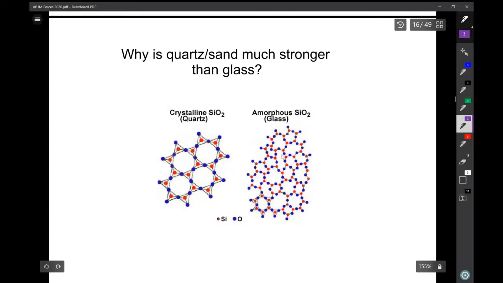There are stronger bonds down here versus here. There are a lot of these open areas. This just looks, for lack of a better word, more disorganized. So that's why glass, even though it is a network solid, is just really not as strong. That's why it breaks, it's a lot more brittle, because it doesn't have the set strong structures like quartz does.